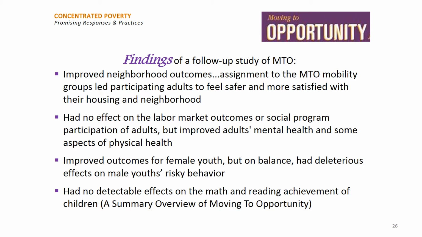It had no effect on the labor market outcomes or social program participation of adults, but improved adults' mental health and some aspects of their physical health. Improved outcomes for female youth, but it had, on balance, only negative effects on male youth and their risky behavior. It had no detectable effect on the math or reading scores and achievement of students.